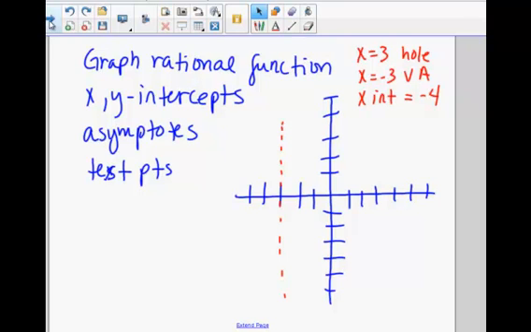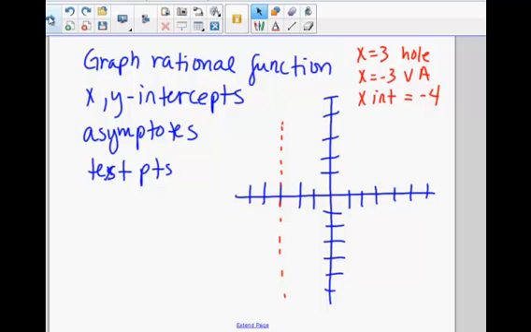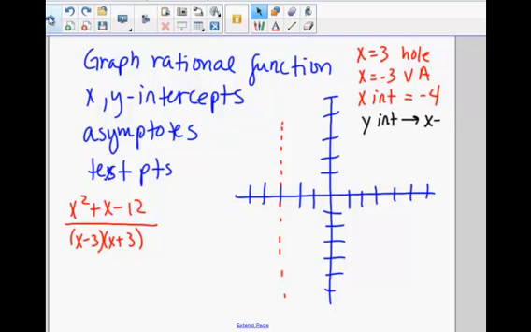What else did I have? Okay, so I don't have my vertical and my horizontal asymptotes. So I'm going to go back here and grab this and write it down. It was x squared plus x minus 12 over x minus 3, x plus 3. Okay, so I've got my x-intercept. My y-intercept is always going to be really easy to find. The y-intercept is when x equals 0.